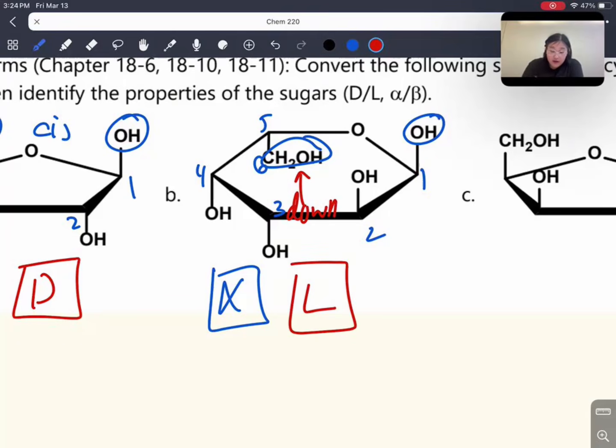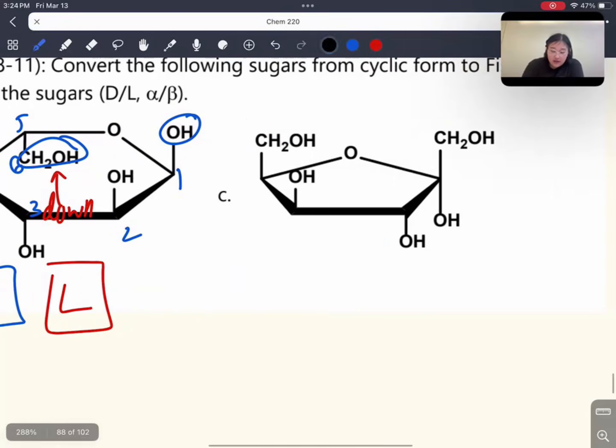On my last one, I'm going to number the carbons again. So I'll just number 1, 2, 3, 4, 5, 6. And so carbon 2 is our anomeric carbon.